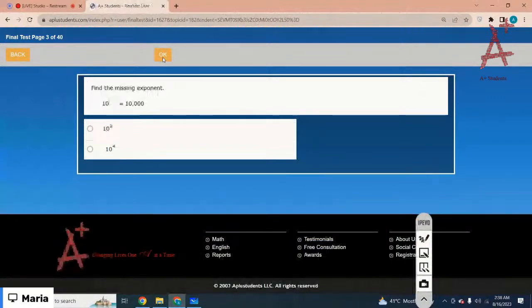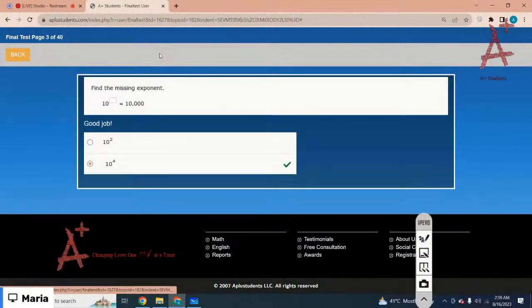Which is the correct option? Yes, it is 4, because you have 4 zeros on the other side, so it would be 10 exponent 4.